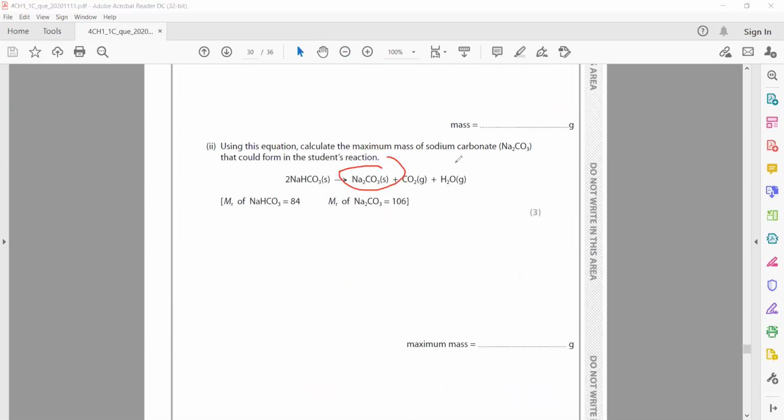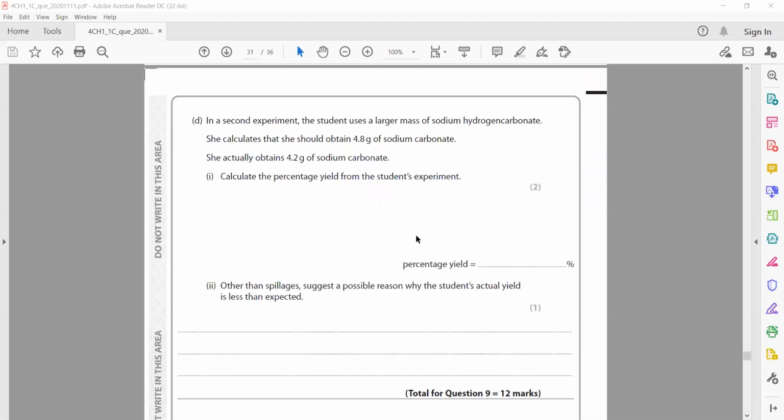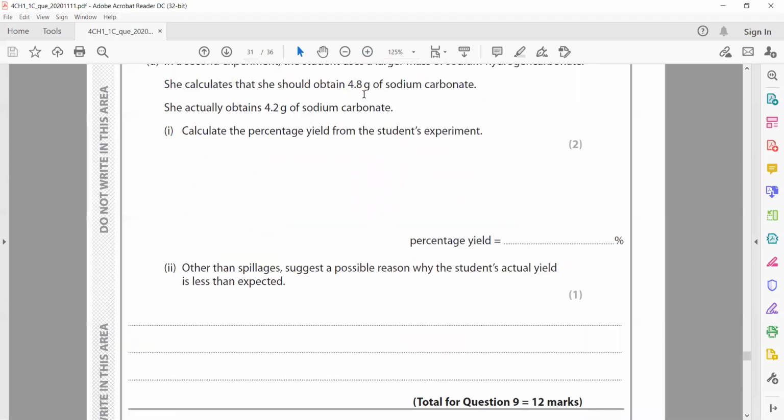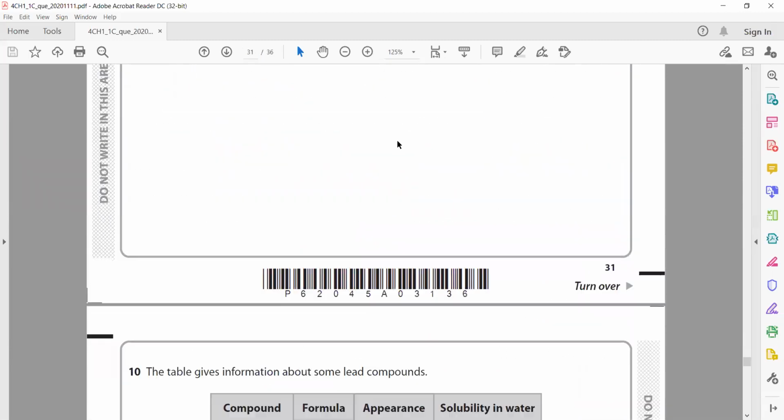We assume that the water is lost from it, but maybe the water condenses. According to the calculation we should get 4.8, but we are getting only 4.2 of sodium carbonate. So one possibility is the reaction might not be complete. That is one possibility to get a yield less than 100%.